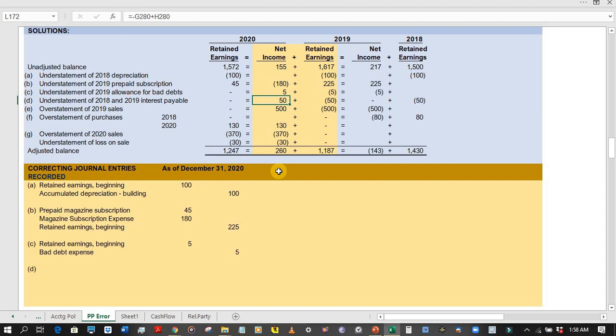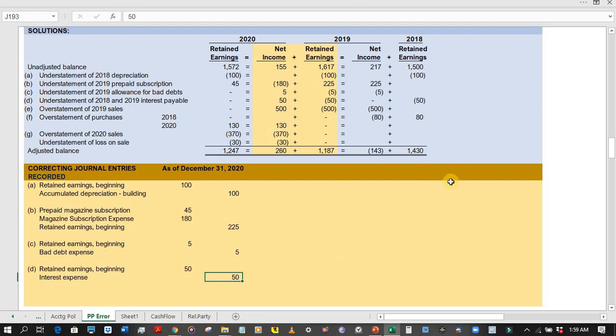And the nominal account should be related to interest, and that is interest expense. So let us start the journal entry for letter D. That will be a debit to retained earnings beginning for 2020 at 50 pesos and a credit to interest expense for 50 pesos.